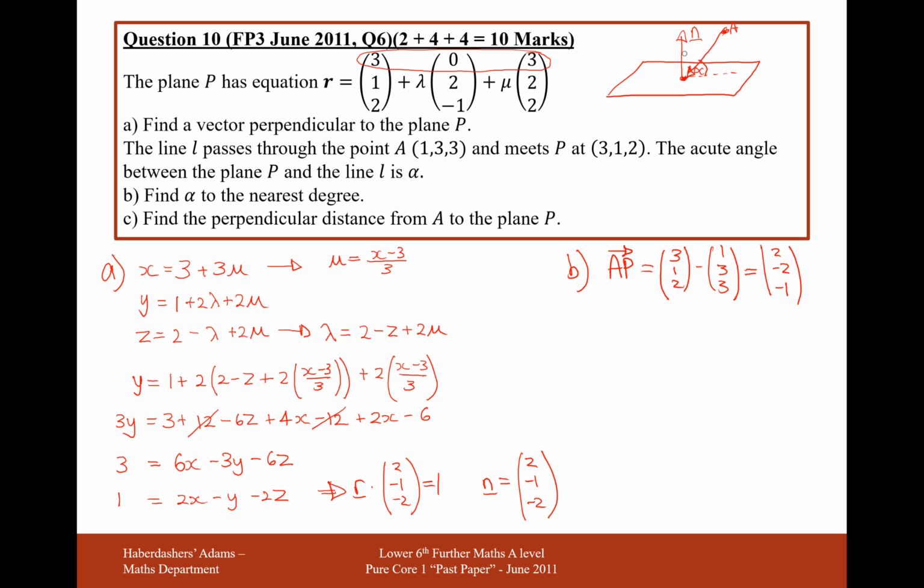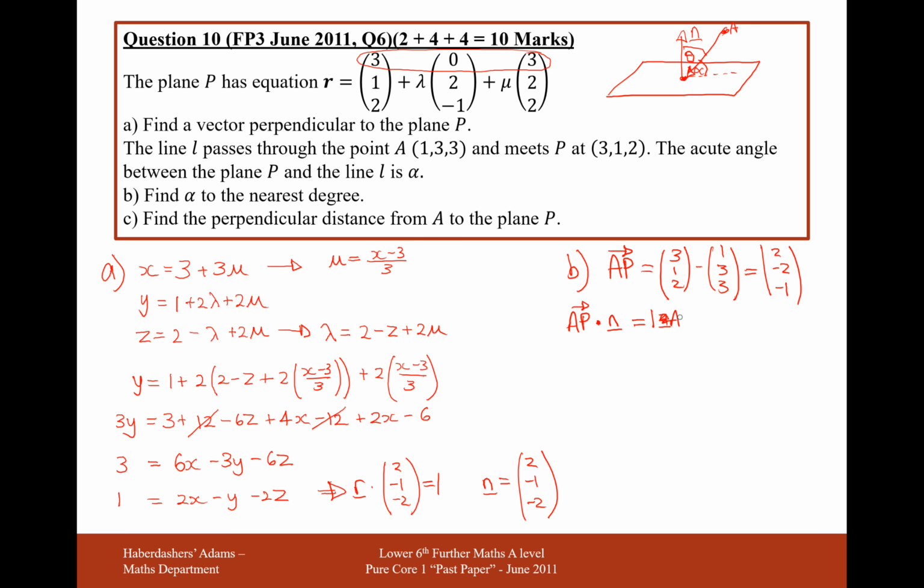What we're going to do to answer this question is, before working out alpha, work out this theta angle here. That is the angle between our perpendicular vector and our vector A to P. So what we'll do now is A to P dot with n, and use that scalar product rule.